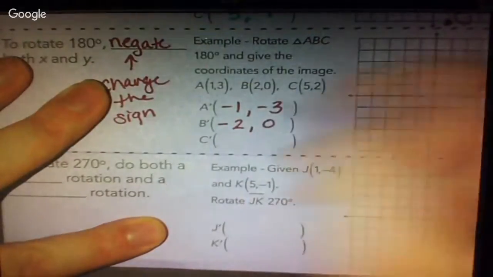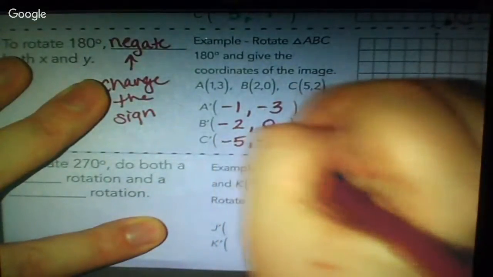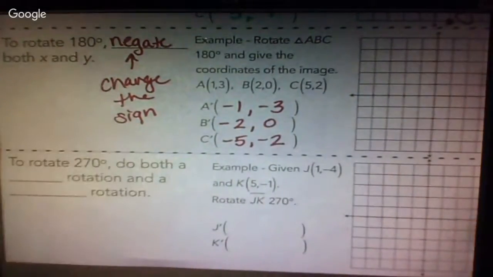And +5, +2 becomes -5, -2. If I started with -4, 3, negate means change the sign, so my -4 becomes a +4 and my +3 becomes a -3. If you started with 2 negatives, they become 2 positives. So 180 every time. 180 is probably the easiest one.